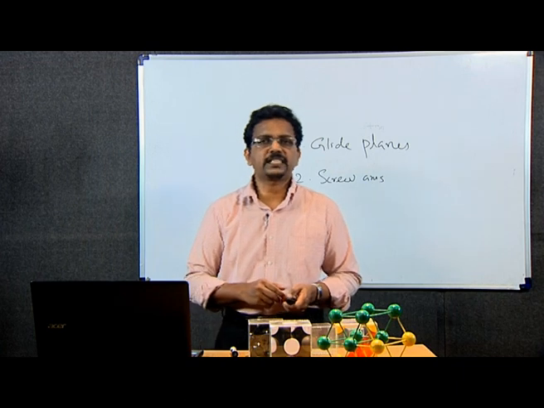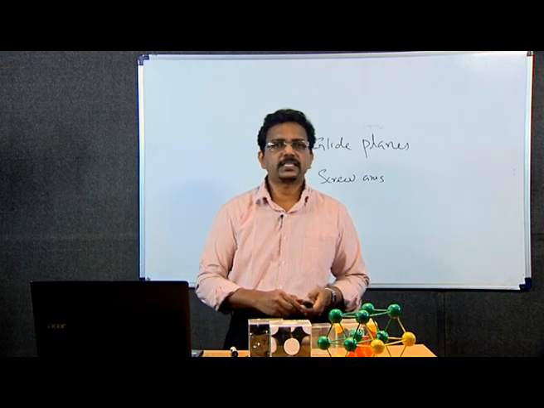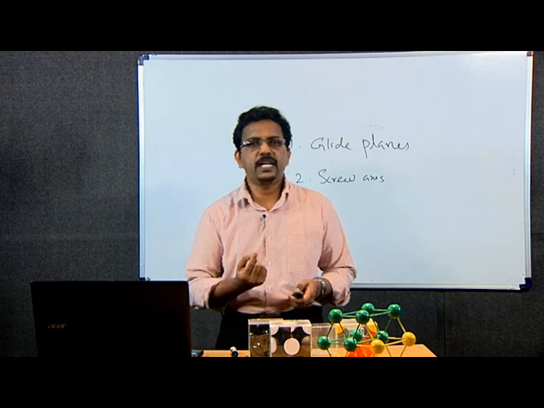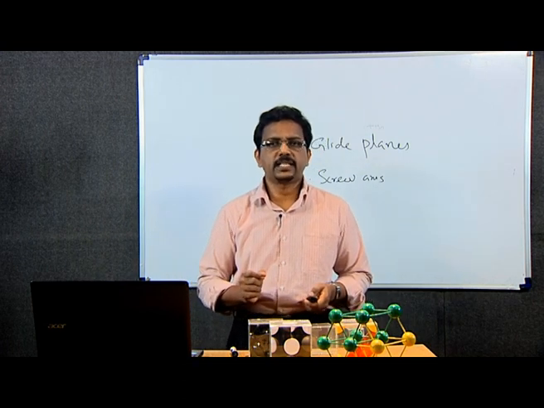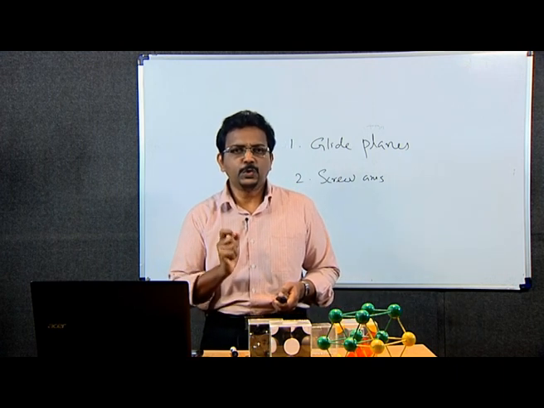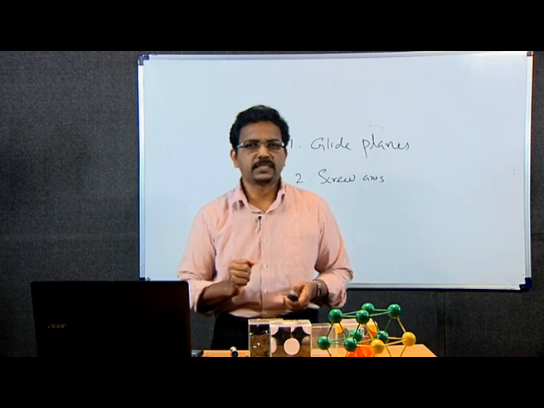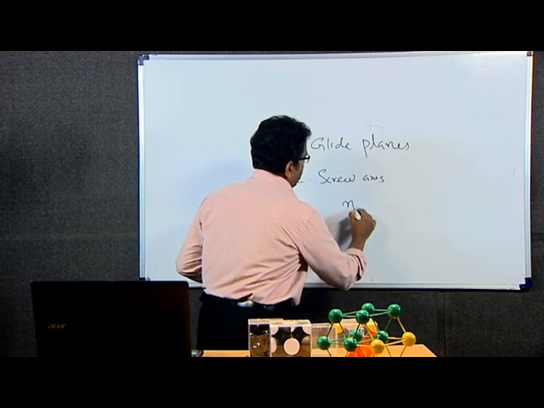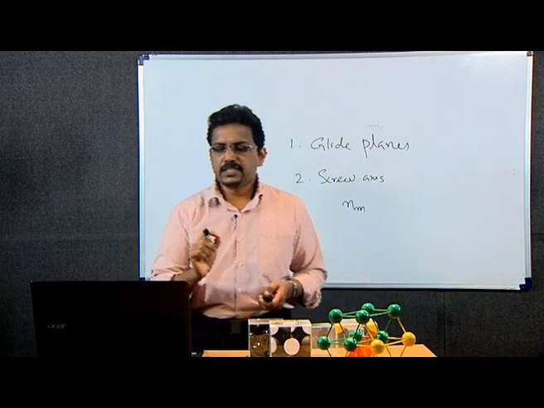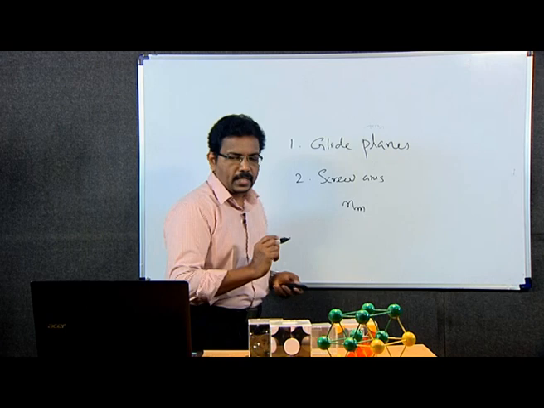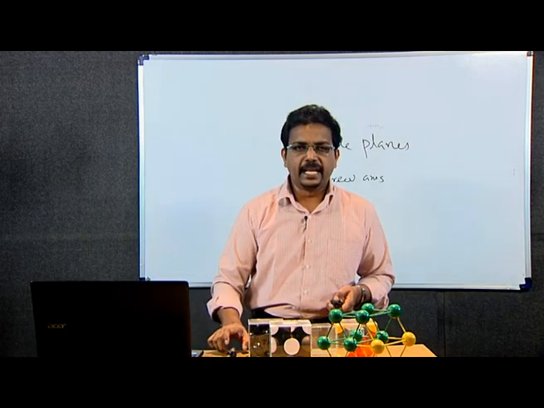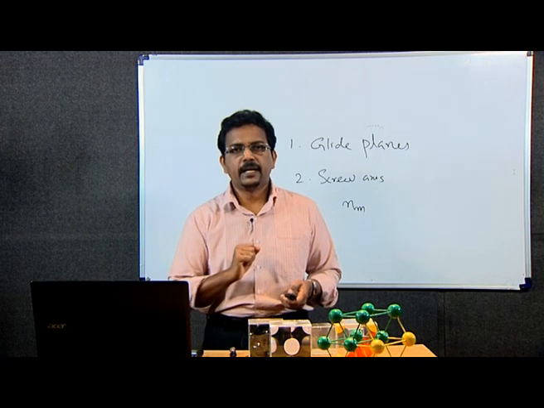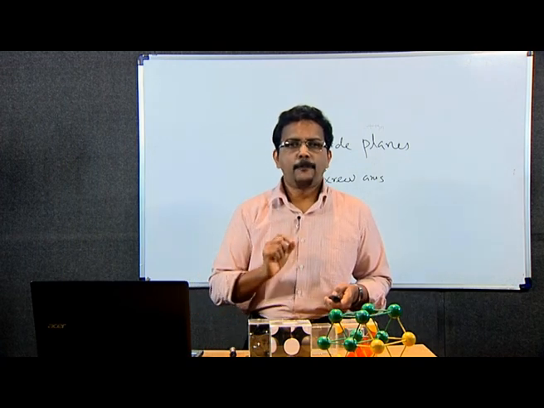A glide plane is a reflection followed by a translation in a direction parallel to the plane. At the same time, a rotation axis coupled with a translation parallel to the rotation axis gives rise to a new symmetry element called a screw axis, and the screw axis symbol is commonly taken as n sub m. It involves a rotation of 2 pi by n, that is 360 by n, and a translation of m by n times the translational vector parallel to the rotation axis.